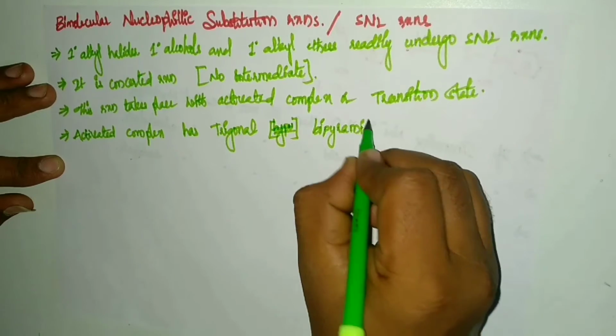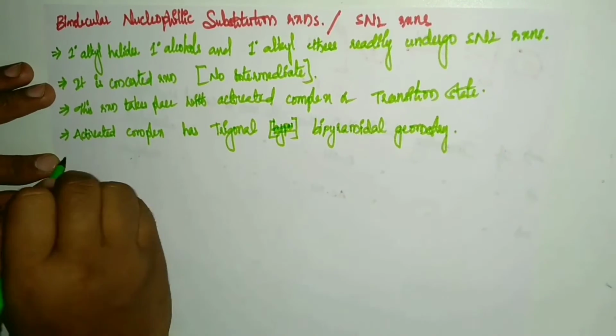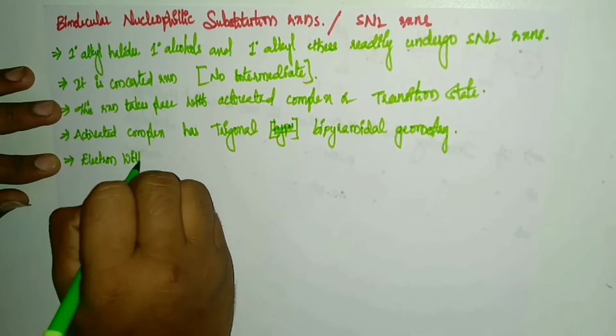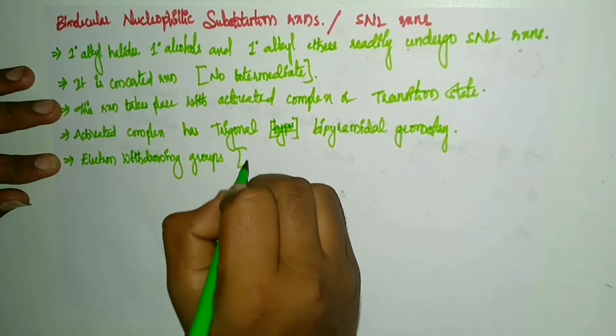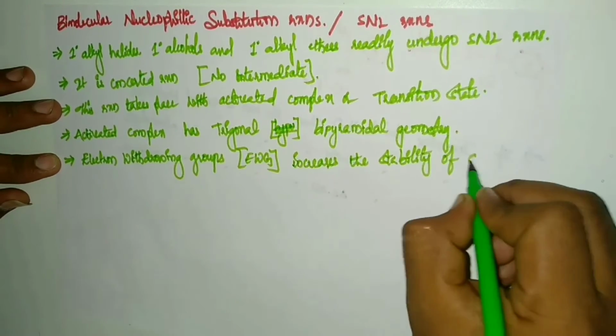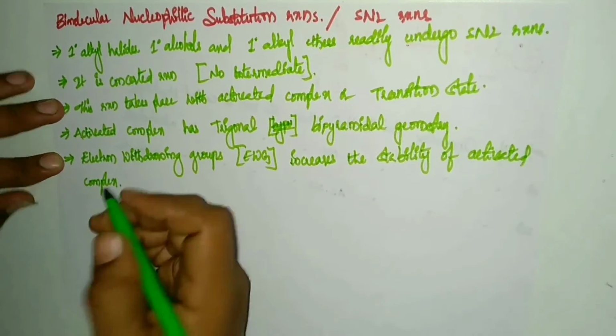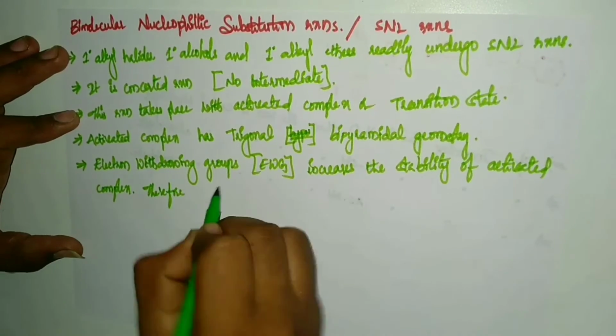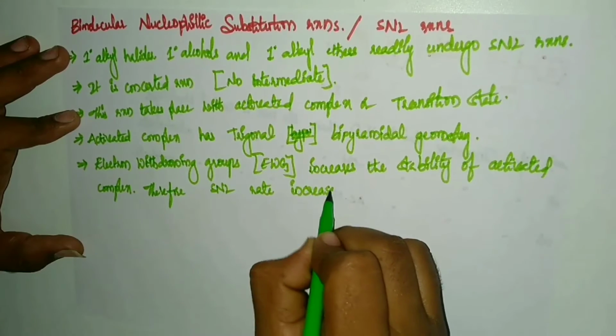Electron withdrawing groups, represented as EWG, increase the stability of the activated complex. Therefore, the SN2 rate increases.